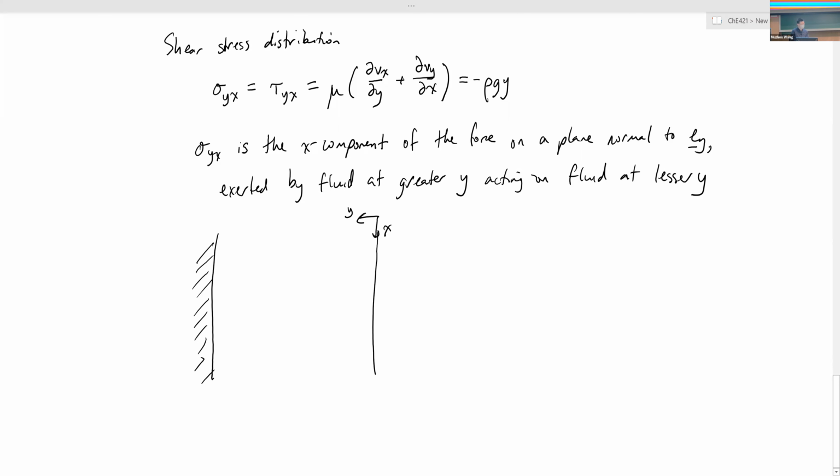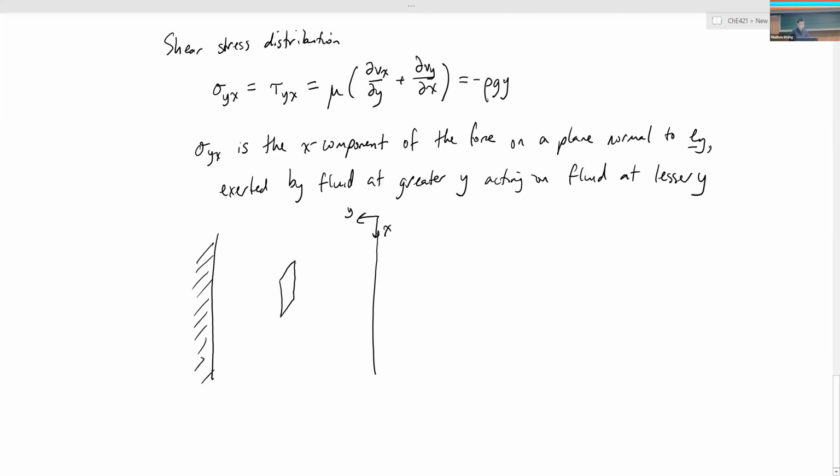And so what this means is if I have, let's just say, a surface somewhere here, somewhere in the middle, it's supposed to be perpendicular to y, right? It has a normal vector EY like that. This is the x component of the force on a plane normal to EY.